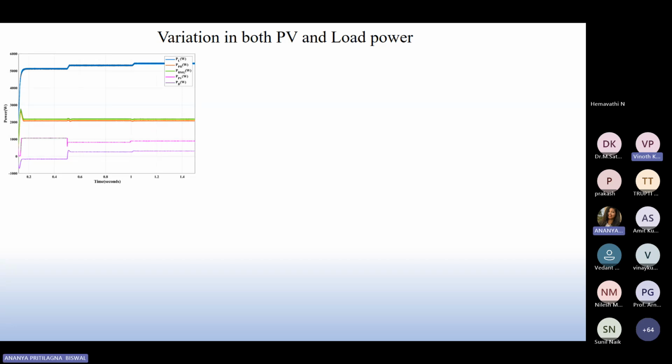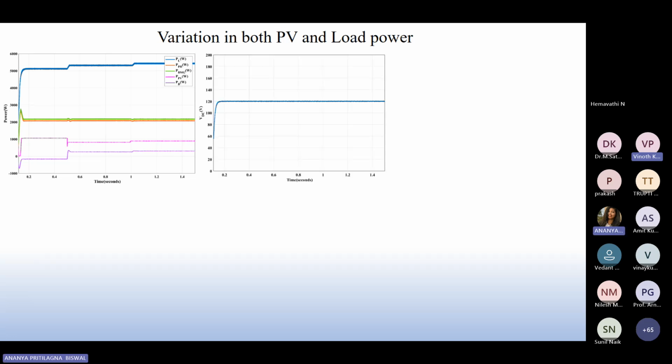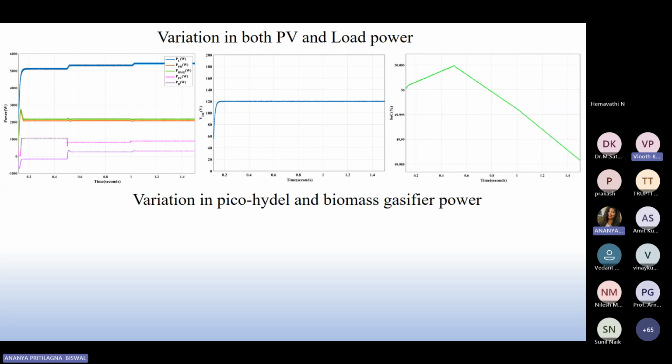So to satisfy the load demand, the battery also supplies, but all should be matched in a proportionate manner to satisfy the load demand. The DC link voltage for this case is shown, which is maintained constant, and the state of charge of the battery.